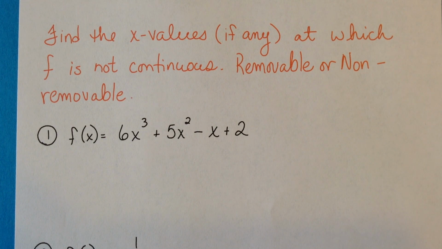Now the first function that I have, this is a polynomial. A polynomial is always a continuous graph. There's never any interruption in the graph whatsoever. So when it says to find any x values at which the function is not continuous, there are none.